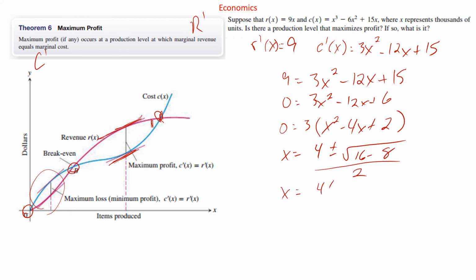So x equals 4 plus or minus the square root of 8 over 2. So the square root of 8 is 2 root 2. We divide everything by 2, so that's 2 plus or minus root 2.